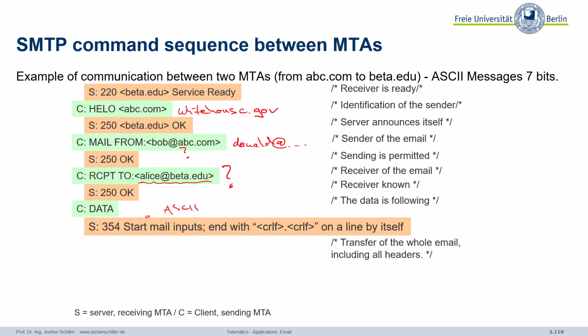This is how the standard SMTP protocol is specified. And it tells you, now start writing your ASCII characters and end them with carriage return line feed, then a dot, and carriage return line feed. That means a simple dot alone on a line. So you write your text and then a simple dot.